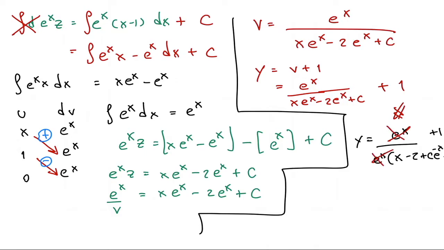So your solution can be y equals 1 over x minus 2 plus c e to the minus x, and then plus 1. You can do that as well. I'm not really sure if it looks better, but I hope it does.